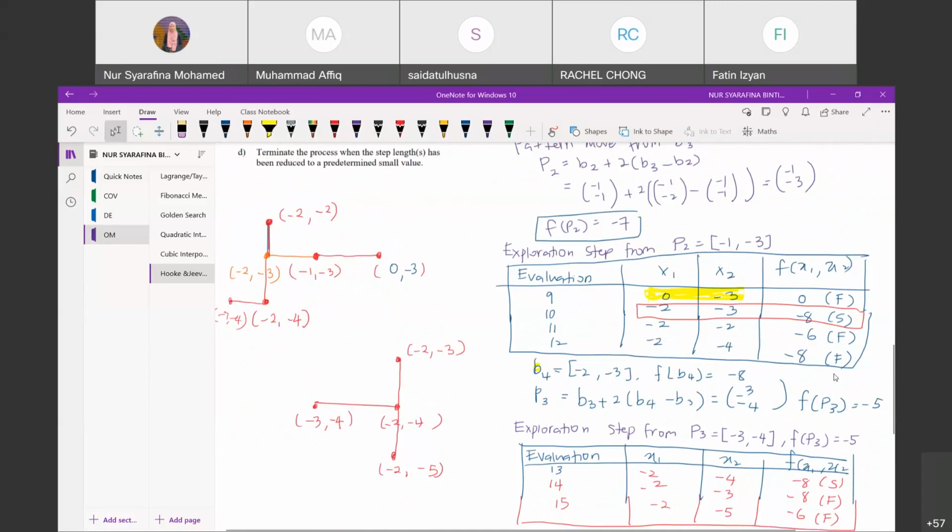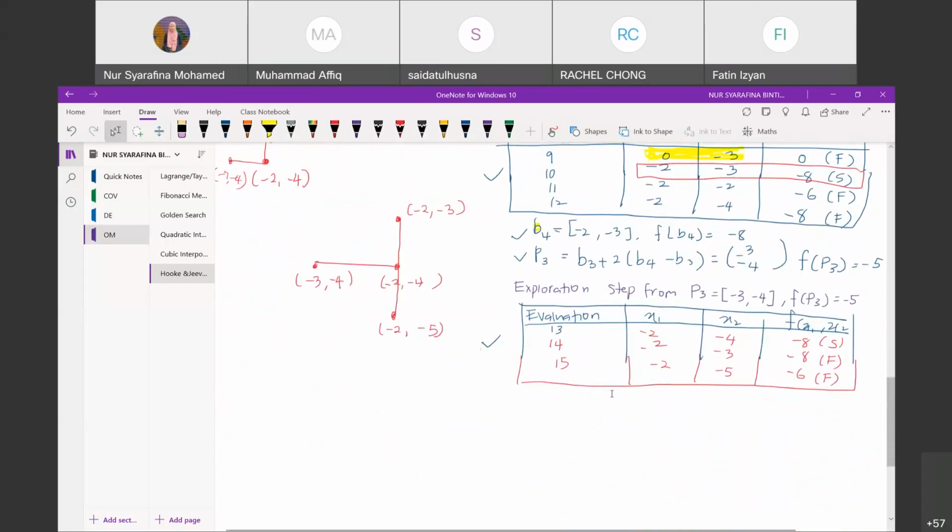Okay. So now we have done with this exploration step from P2. We have our B4. We have our P3. We explore again from P3. So now F of -2 -4 equals -8, which is equal to FB4, where B4 equals -2 -3.